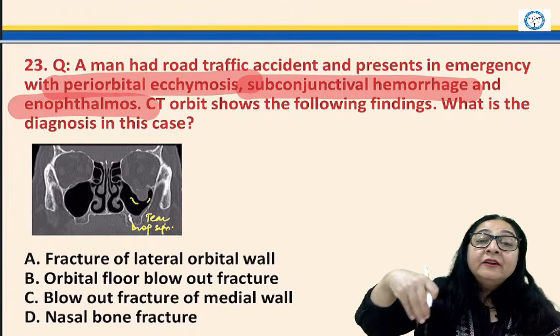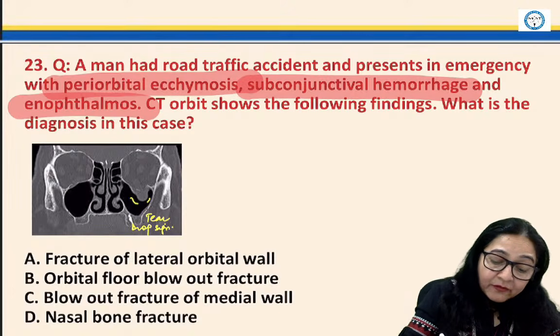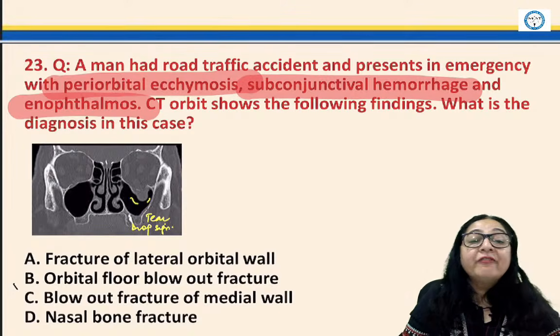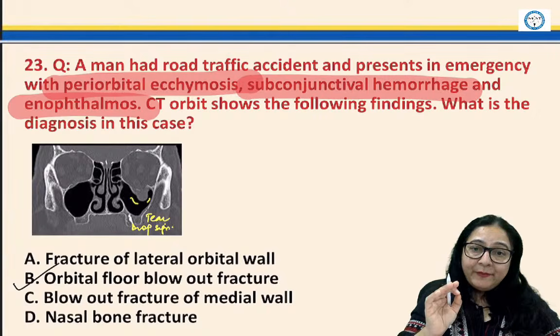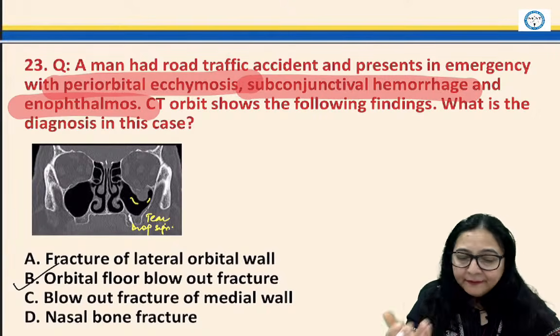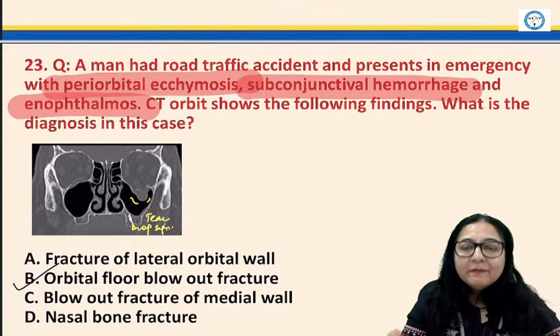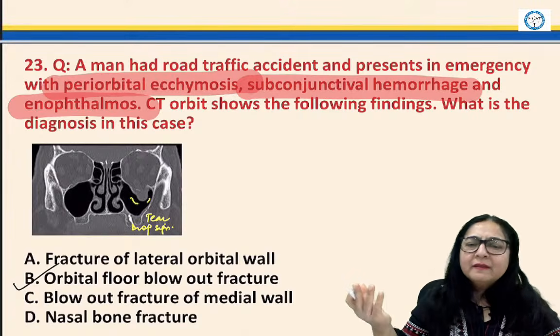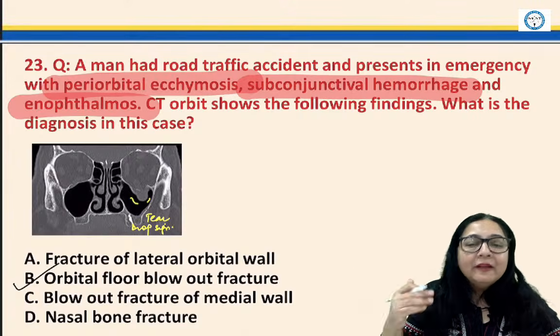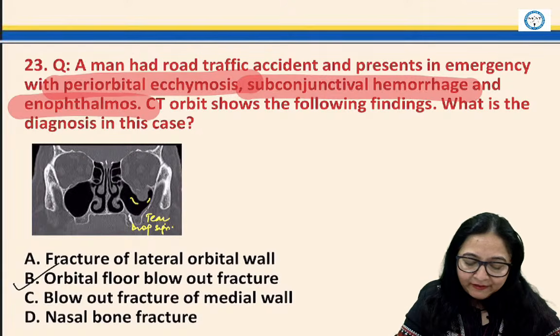The typical teardrop sign will be seen in cases of orbital blowout fracture of the floor of the orbit. A very simple repetitive question, but if you get it in the exam you should be able to make it correct.